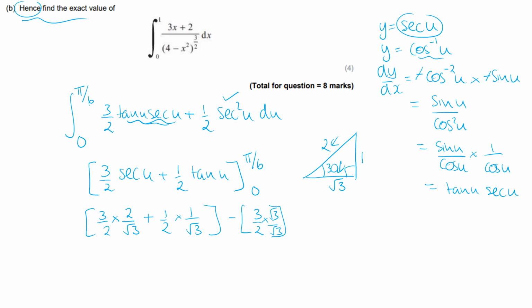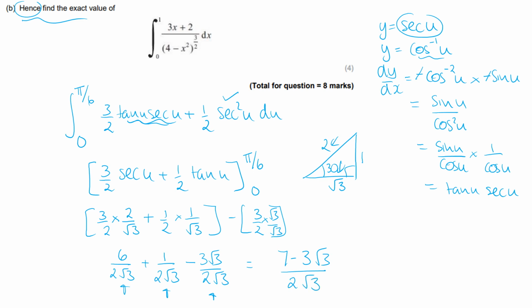So we've got 3 times 2, which is 6 over 2 root 3, plus 1 over 2 root 3, and then minus 3 root 3 over 2 root 3. So because we've got these common denominators, we've got 6 plus 1, 7 minus 3 root 3, all over 2 root 3.